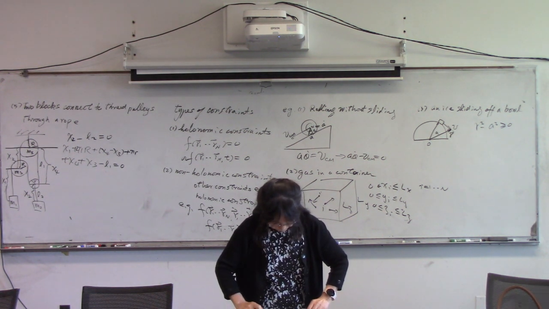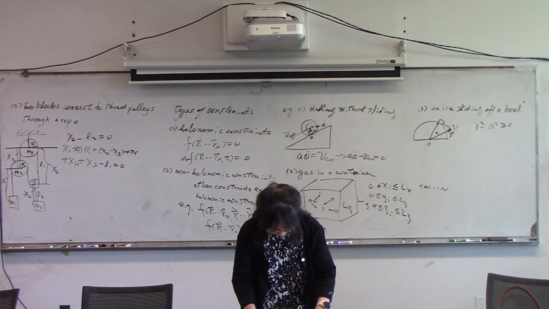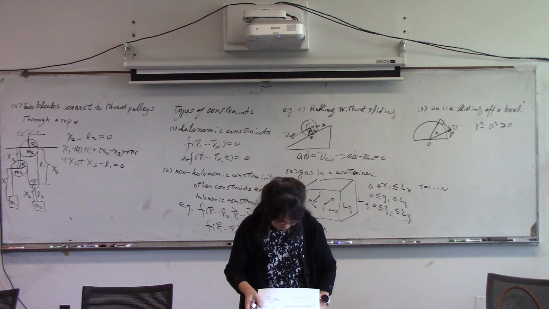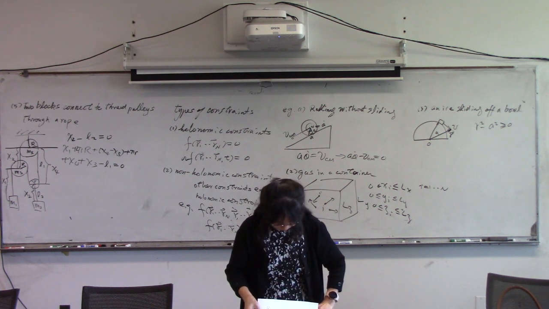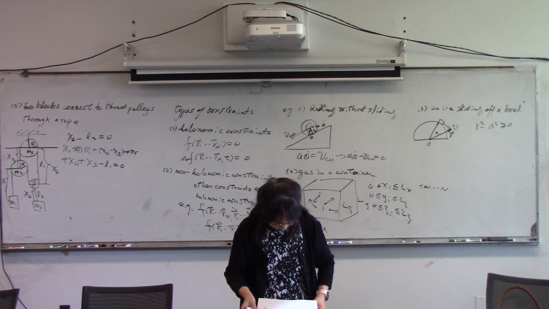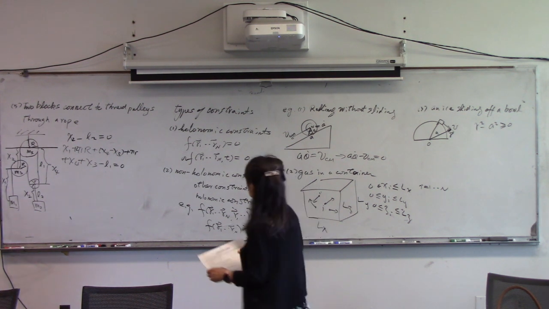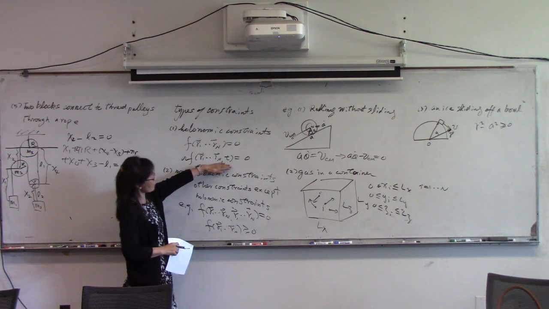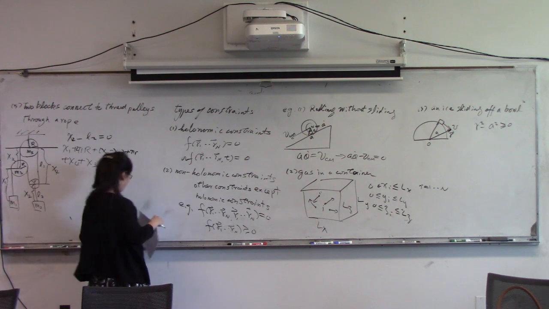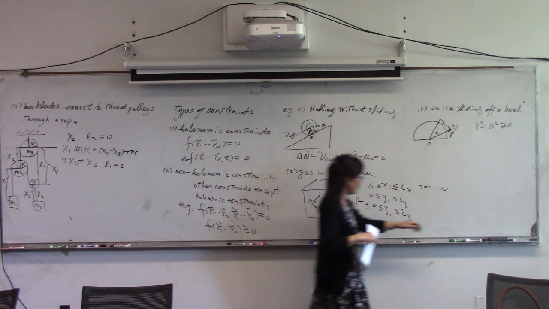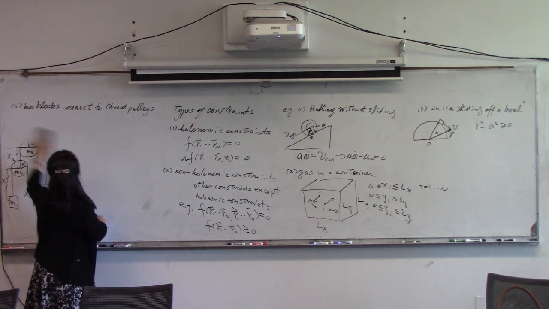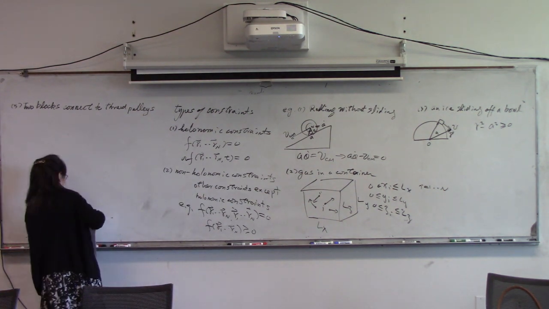Another way to classify the constraint is in terms of time. If it is dependent on time or independent of time, we can say that is scleronomic or rheonomic. So even for the holonomic, this case is dependent on time and this is independent of time.